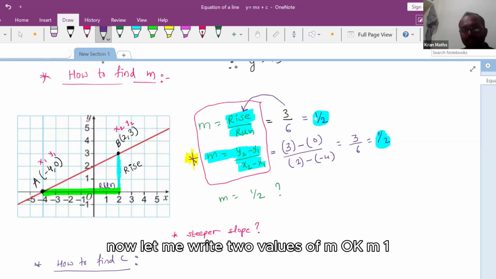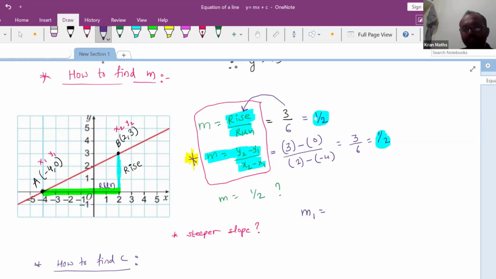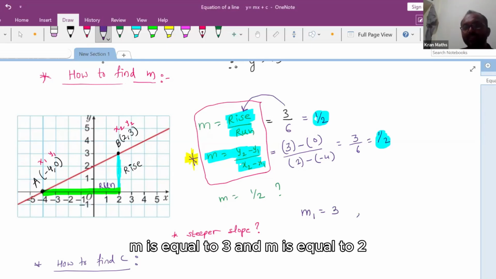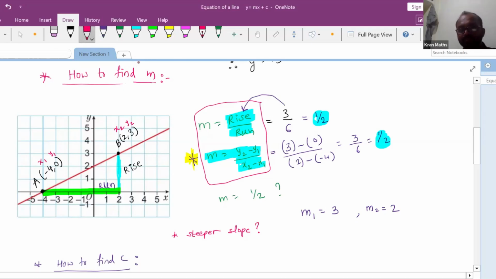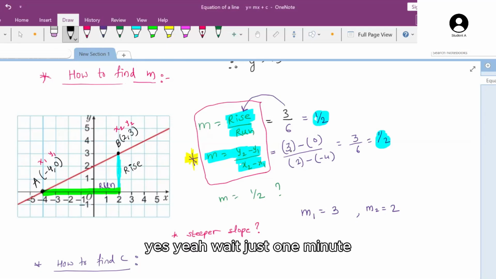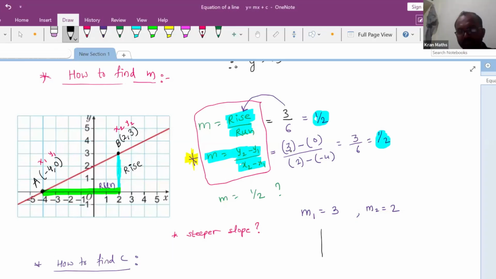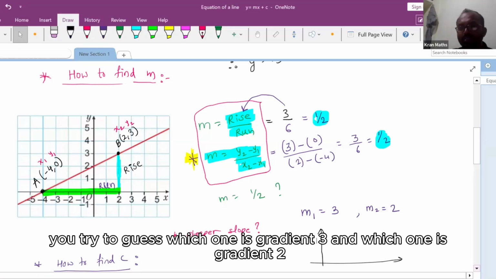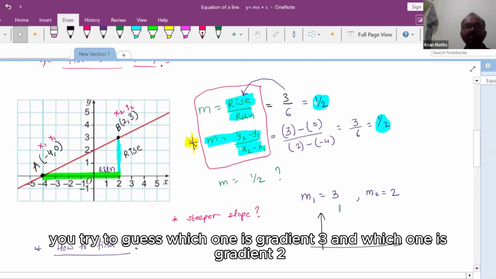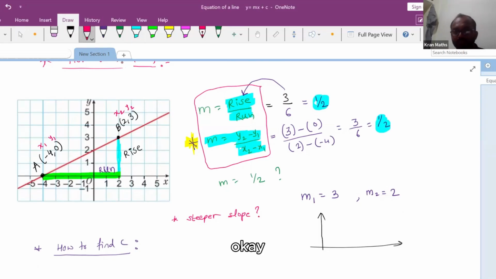Now let me write two values of m: m is equal to 3 and m is equal to 2. What is the difference between them? Just one minute, I'll draw two lines. You try to guess which one is gradient 3 and which one is gradient 2.